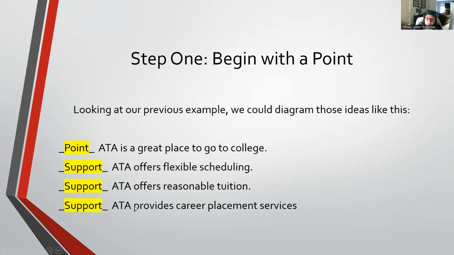Our third support is that ATA provides career placement services. Those are just my three main supporting ideas, and then each one of them I will go into more detail about, right? But this is just diagramming the basic ideas of the paragraph. The point is this, and then these three are the supports.